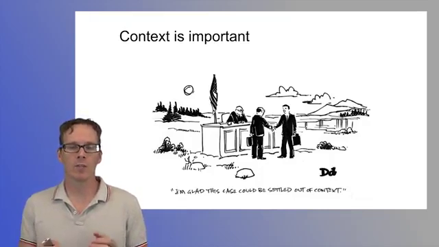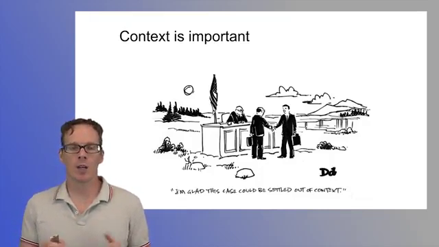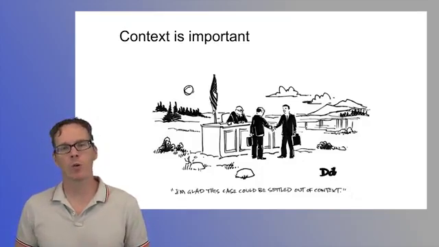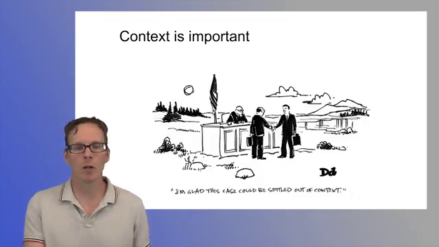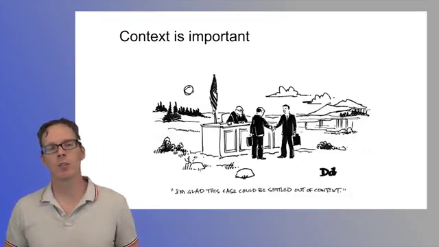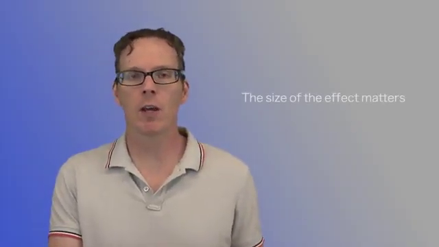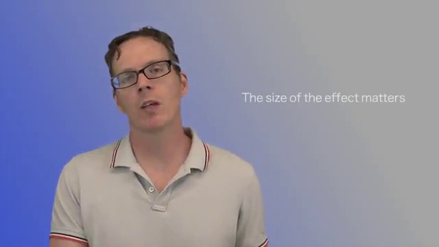They're not unit-free, context-free quantities that you can just take from one experiment and interpret a p-value of 0.04 in the same way in the next experiment. Among other things, the size of the effect matters, and the size of the effect is lost when you just report the result of a hypothesis test or the p-value by itself.